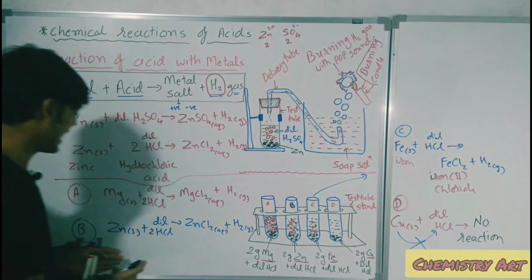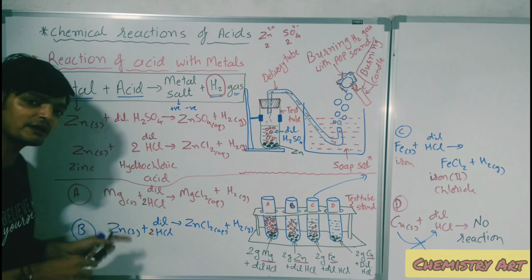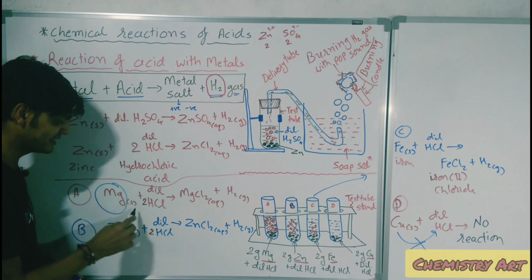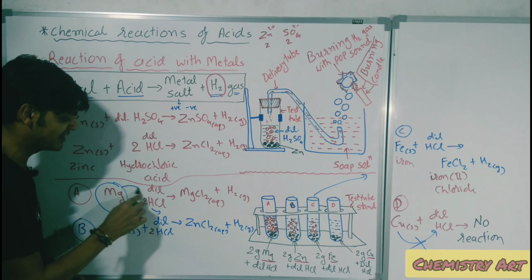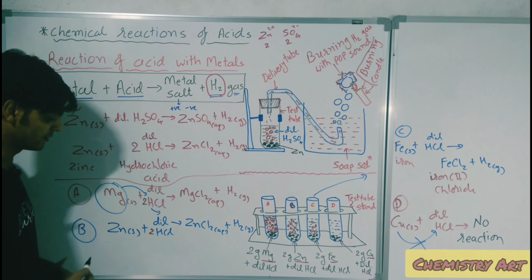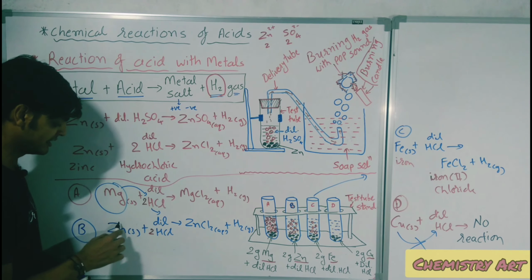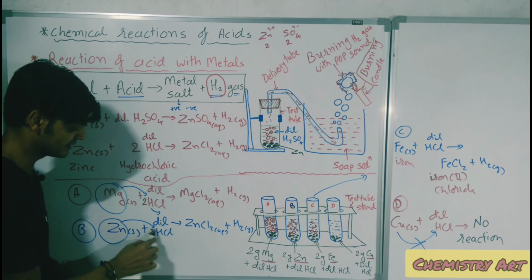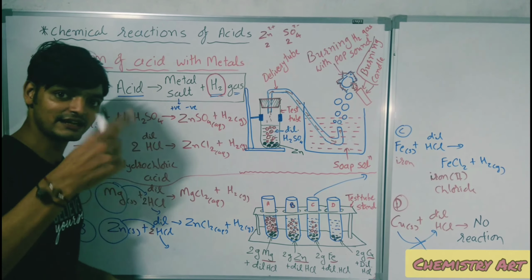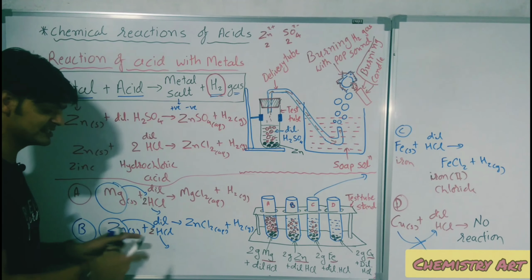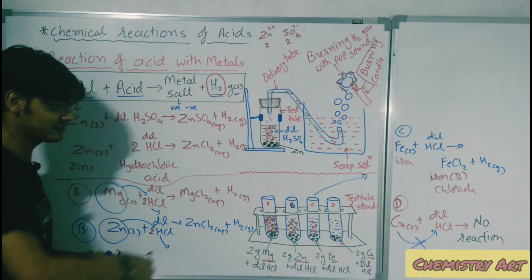And here what is happening? This magnesium is displacing the hydrogen from hydrochloric acid. Here the zinc is displacing. It's a single displacement reaction. Zinc is displacing the hydrogen from its salt solution.